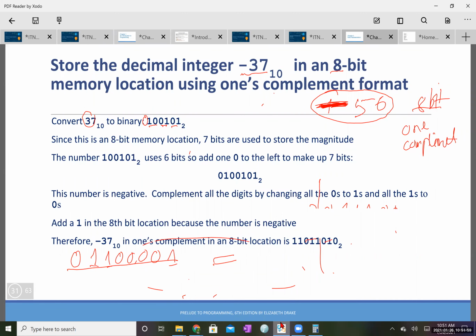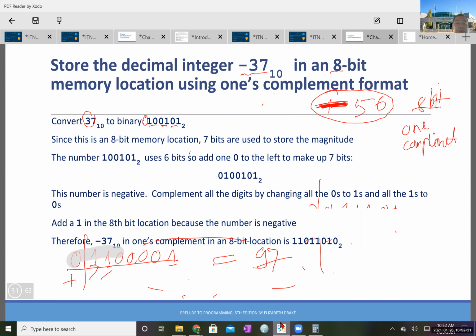Yes, that's right. That's 97, right? So if you look at this one, you know that this one is positive, and in the positive case you just convert it normally: 64, 32, and you have 1 here. So we just add them up together, and you have 97 for this one.